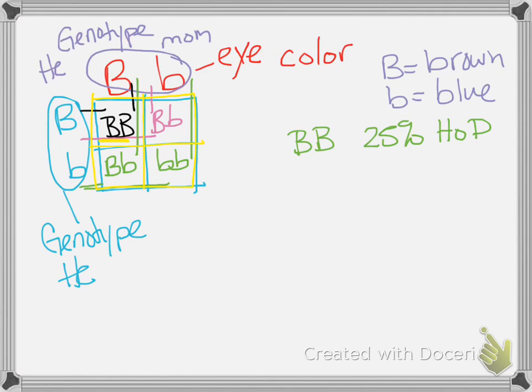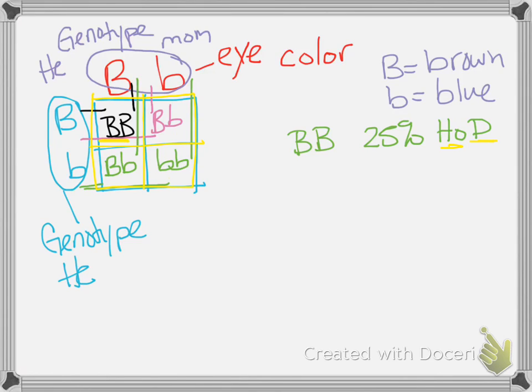And each quarter is a percentage, right? So capital B, capital B is 25%. We know that 2 capital letters means it's dominant, and we know that if it's the 2 of the same case letters, it's homozygous. This box and this box do not have capital B, capital B. They may have capital B's in them, but they're not capital B, capital B. So they don't count for the percentage.